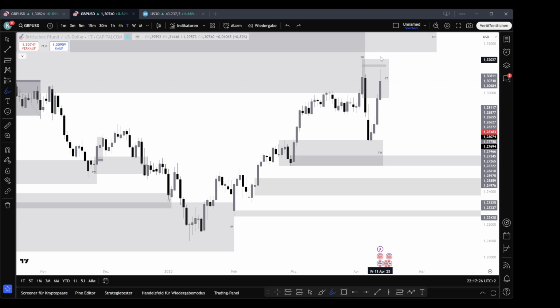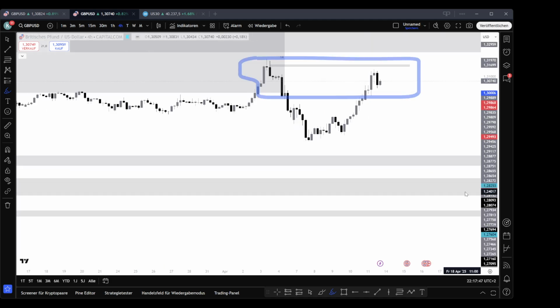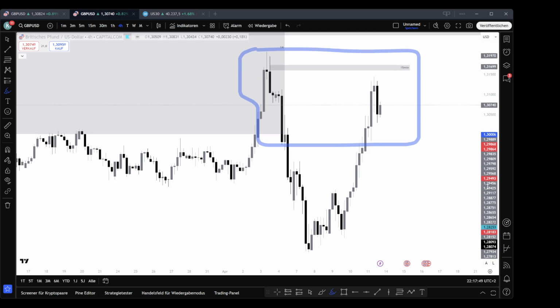Since price is reacting at the moment, this is where price is within the zone. This is a daily supply zone. I'm expecting price to provide a sell opportunity for us to sell the market to come down. And within this daily supply zone, I was able to spot a supply zone formed on the 15-minute time frame.